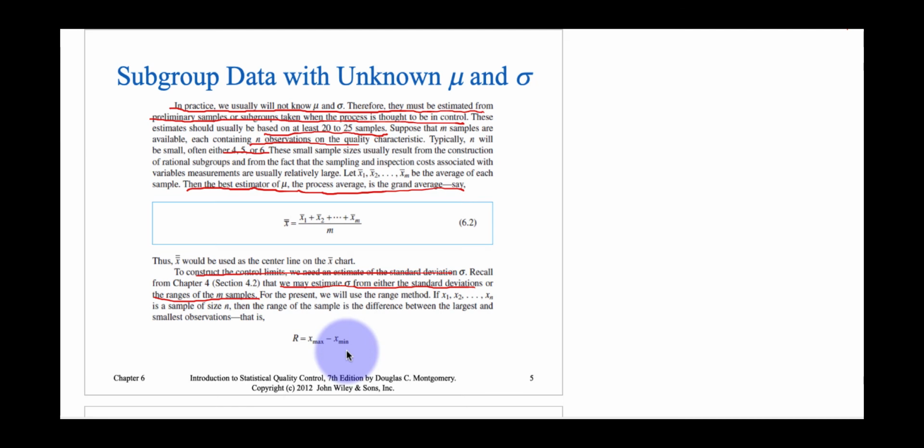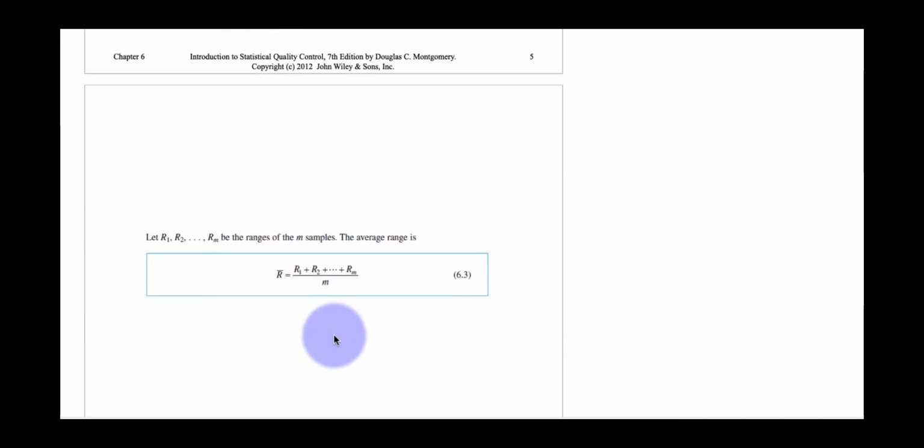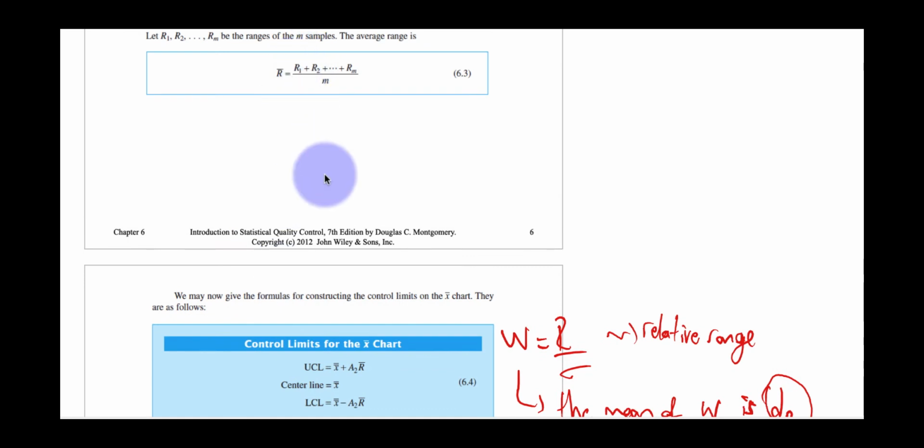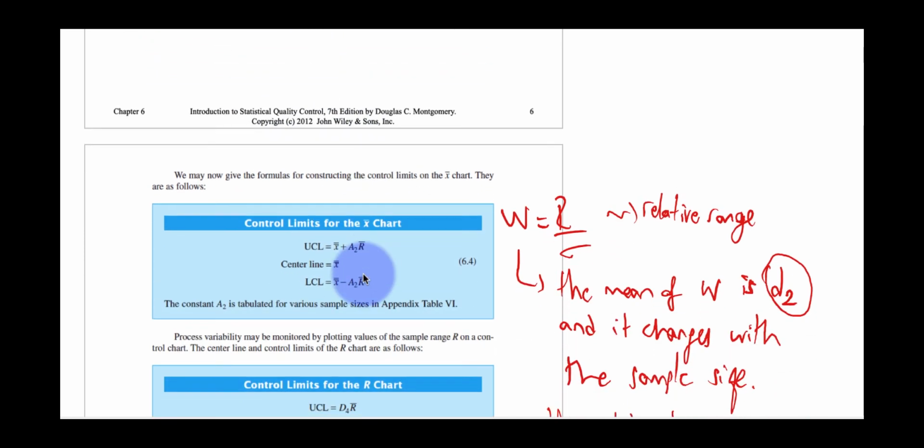And this is the average of range values. Range 1 is the first sample range, and it goes to the mth sample. We have m samples. We are dividing this summation by m, so we are calculating the average of range values. We are going to use this value to construct the X-bar control chart.